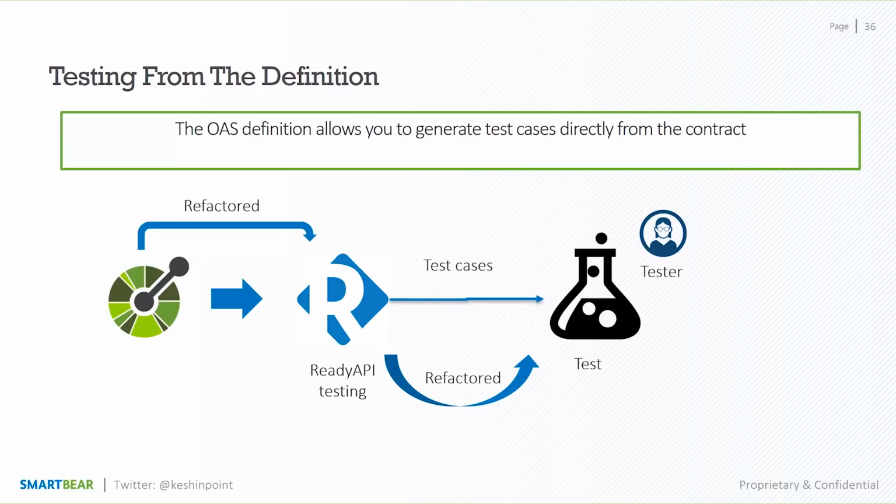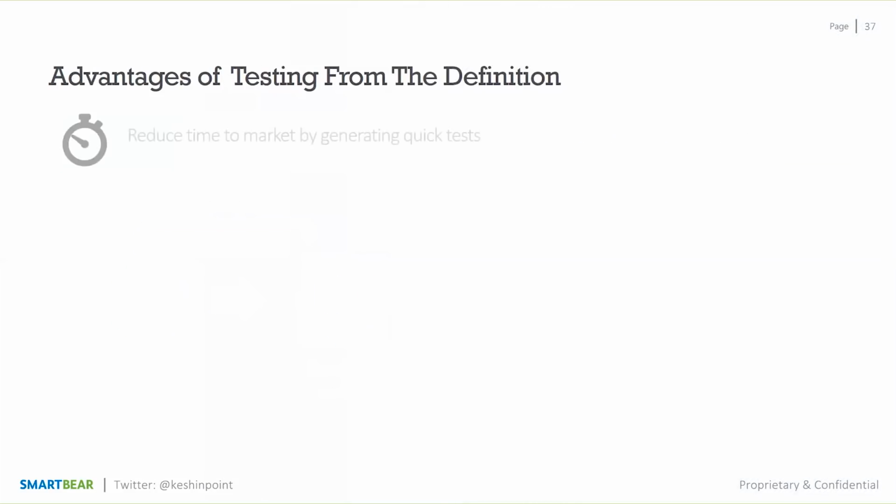Without a definition, testers would have to understand what changes have been made. They'd have to talk to developers and distributed teams. That's a whole other problem altogether. So this way, the definition makes sure all of these stakeholders are in sync, that they know what changes have been updated, and it ensures a speedy and efficient process. So the advantages of testing from the definition: it reduces time to market by generating quick tests.